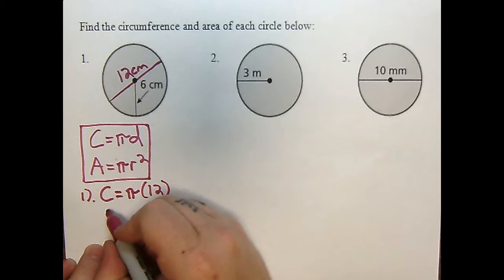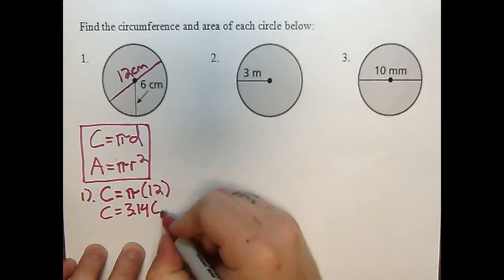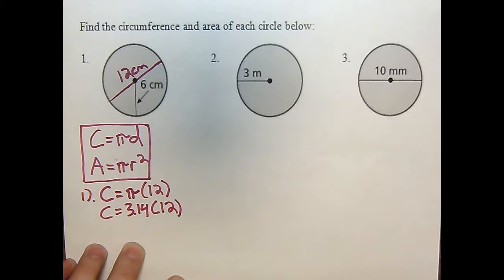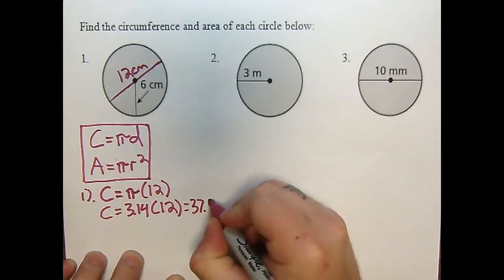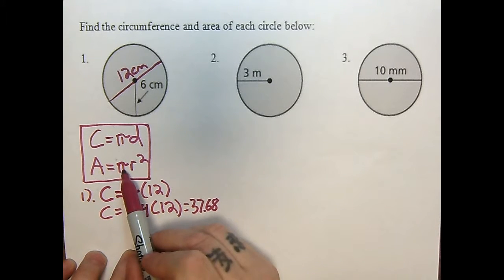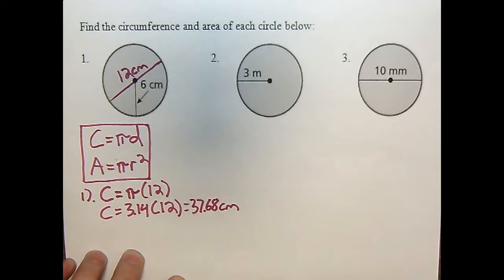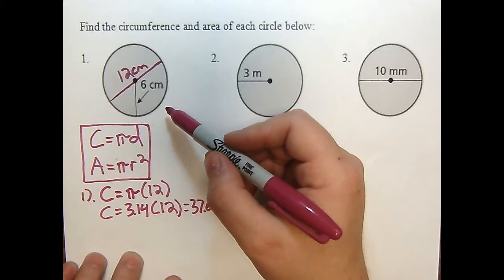And I know that circumference equals 3.14, because we're going to use that for pi, times 12. I just take 3.14, multiply it by 12, and I get 37.68. So circumference in this one equals 37.68, and that is going to be centimeters because circumference is a one-dimensional measurement. We just have to go around the circle.